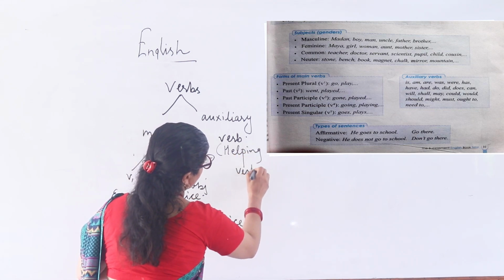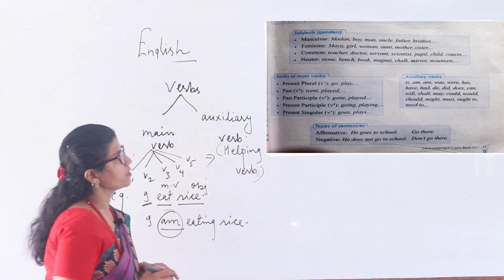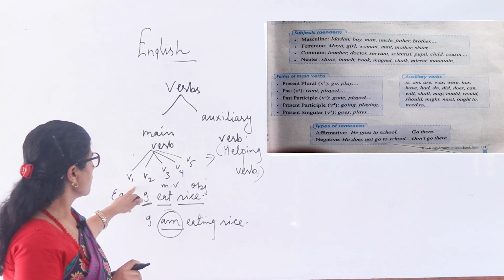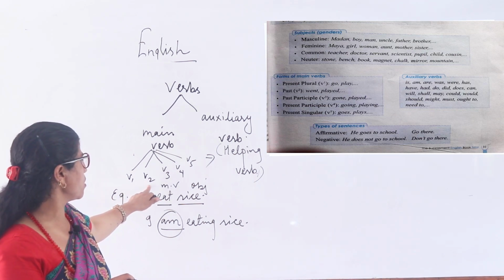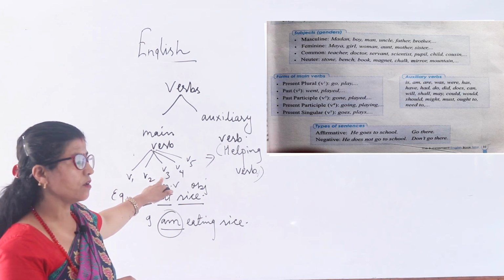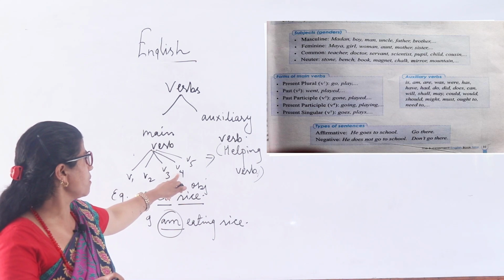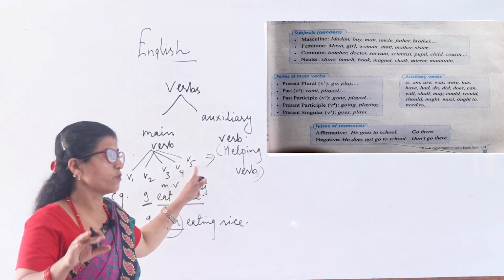Dear students, I think you know what B1 is. That is the present form of verb, plural. B2 means past form of verb. B3 means past participle, and B4 means verb plus ing, that is present participle, and B5 means the singular verb where we use s or es.